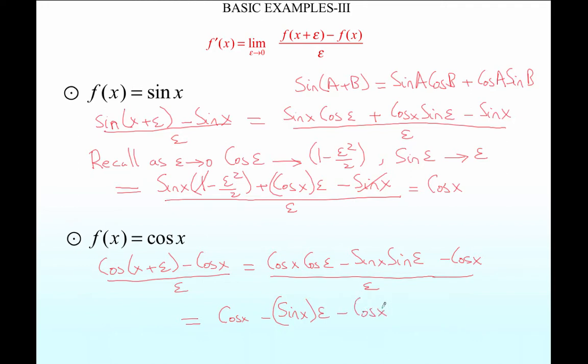And so this cancels that. We divide by epsilon. And the result is minus sine x. This is a very important result, that the derivative of sine x is plus cosine x. The derivative of cosine x is minus sine x.